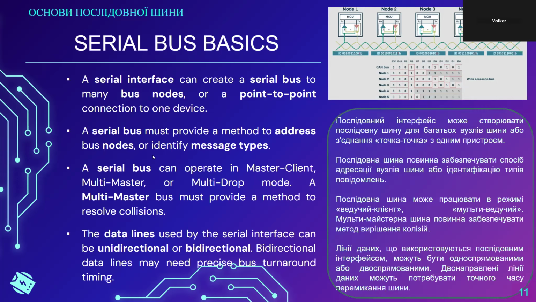A serial bus can operate in master client, multi-master, or multi-drop mode. I think that is relatively clear. Master client means there is one bus master, generally a microcontroller. But if the microcontroller we're designing for is reporting to a device that is higher up, to a PC or an embedded Linux system, for example, our microcontroller system might be the client.